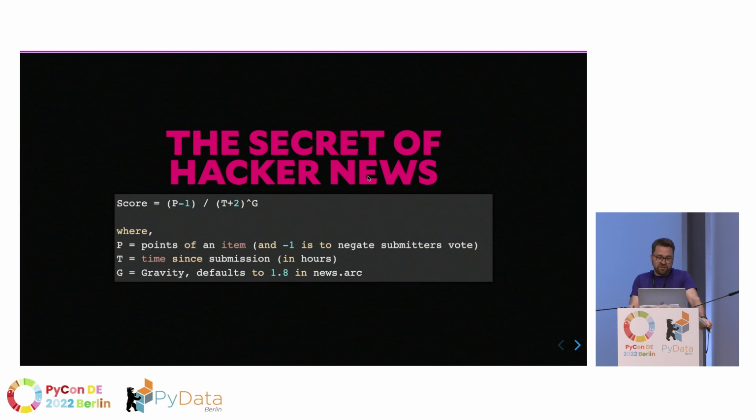Actually, we end up dividing the number of upvotes by the age of the story in hours to the power of some gravity factor, which defaults to 1.8, but that's just for one of the published versions of Hacker News.